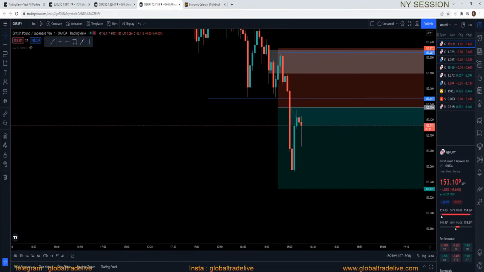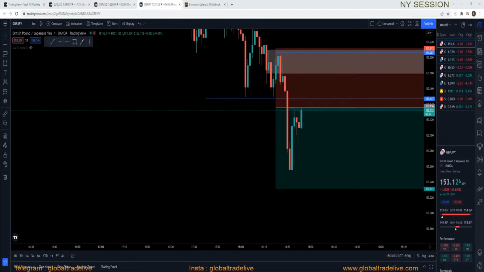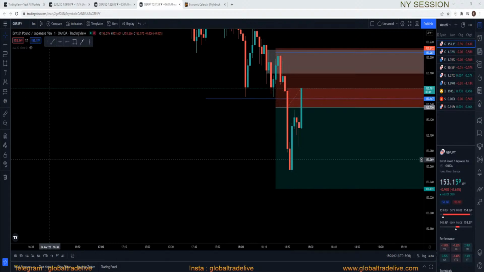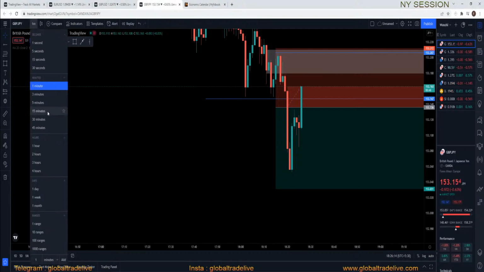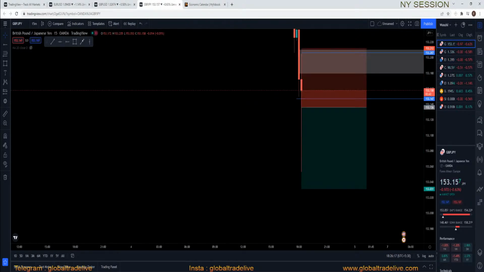Oh, it just reversed back. Closed half over here at break even. Oh, 15 minutes reversing all the way back now. Closed another half over here.